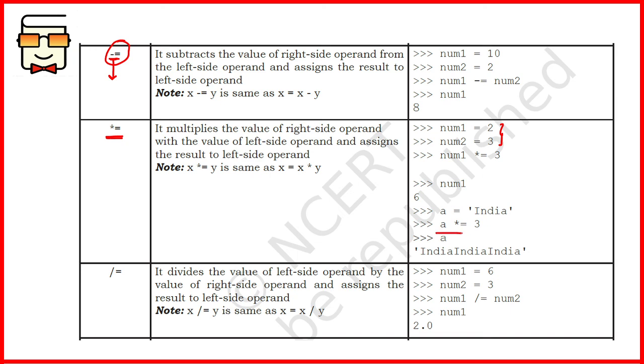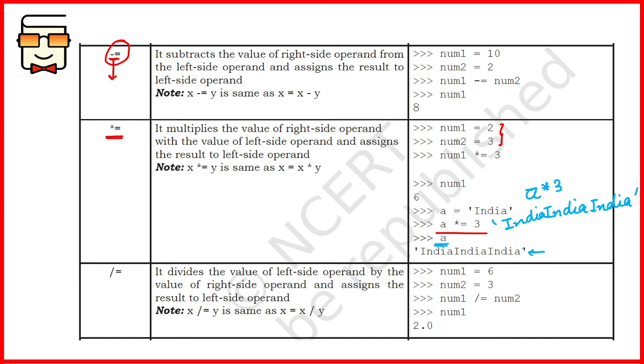When you say something like a star equal to 3, the operation that happens first is a into 3, and a into 3 would append India 3 times in a single string. This resulting string would be assigned to a by this operation, a star equal to. So when you print a, you get this particular string.